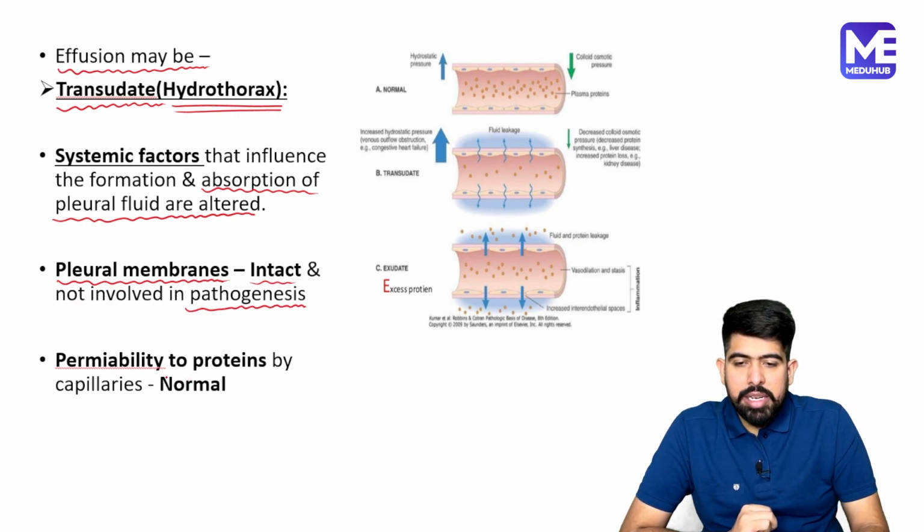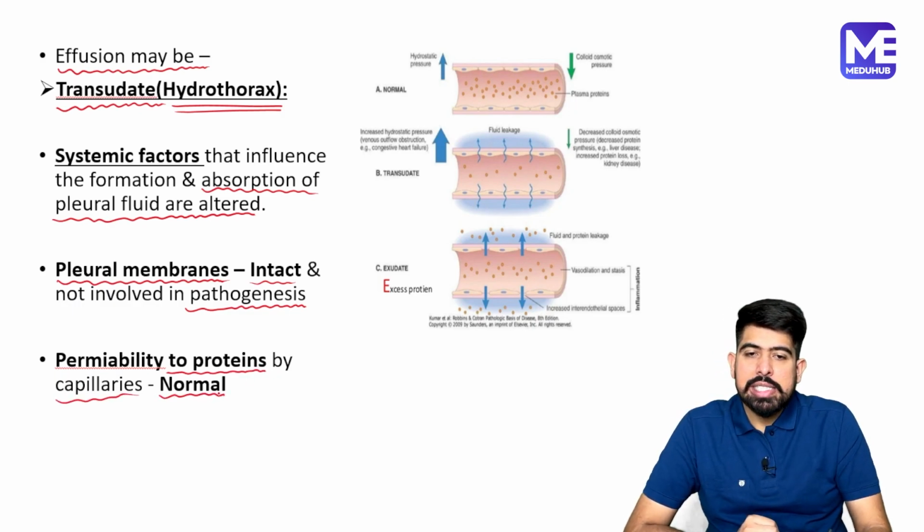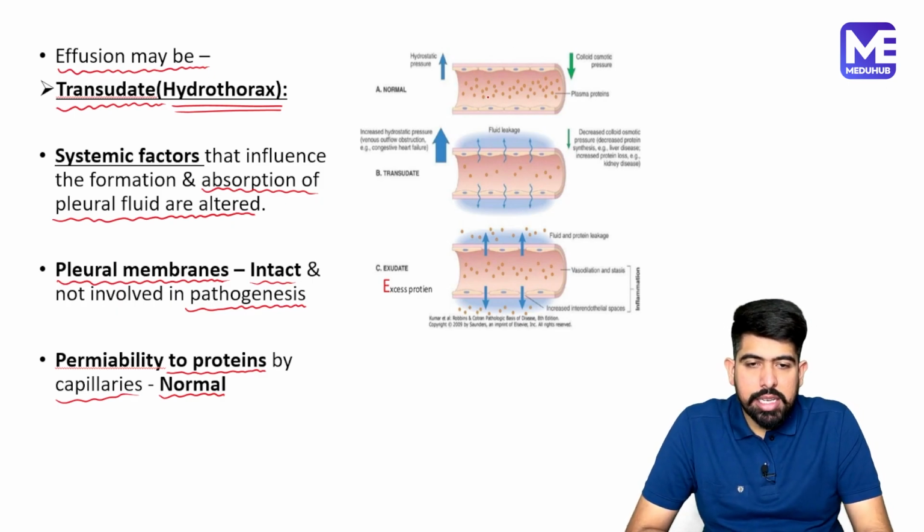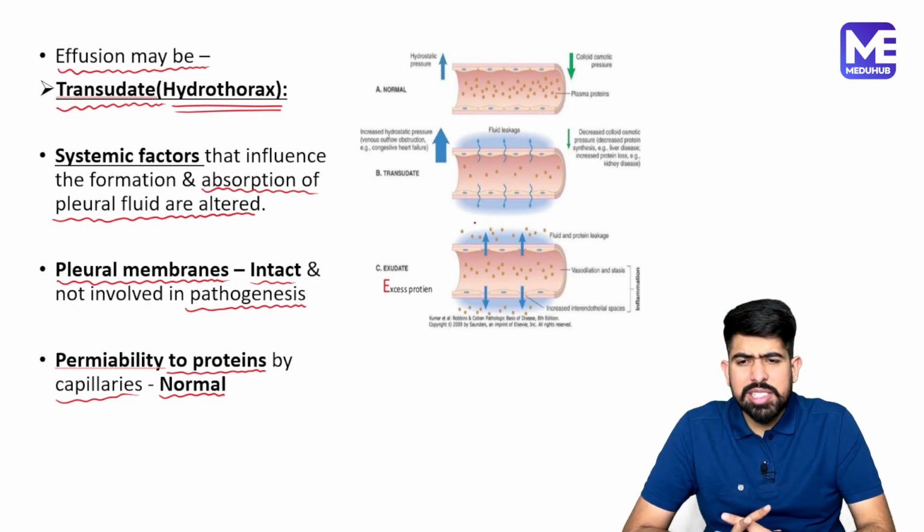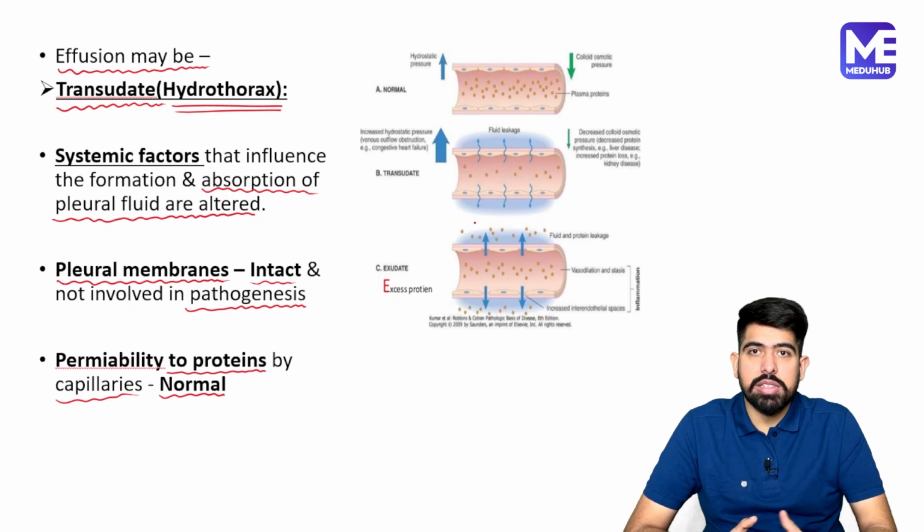And the permeability to proteins by the capillary is normal here. So you can see here these are the capillaries, and after these capillaries, you can see this water is coming outside. This transudate effusion is coming outside, and because of that it is known as hydrothorax, right?